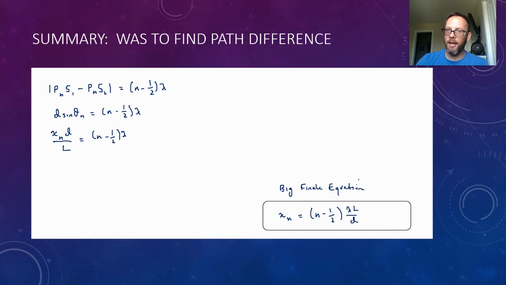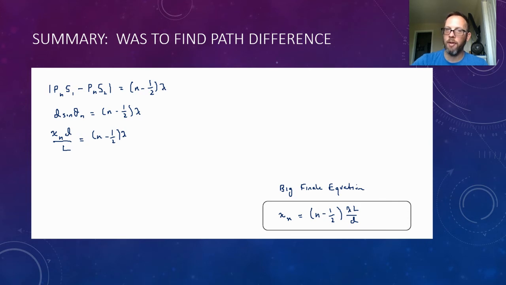But I encourage you that our development is pretty much done. This formula, if you know your slit separation, the light you're shining through your slits, and how far away your screen is, then you can predict where the nodal lines will be. You can predict where the first one is. You plug in 1, you plug in 2.